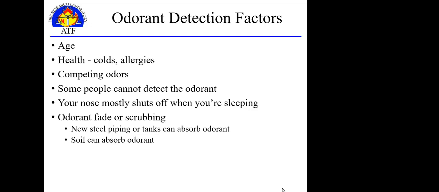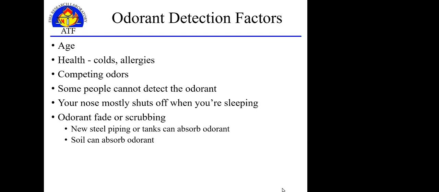Some people just naturally can't smell that particular odorant. There's research that shows that when you're sleeping, your nose essentially shuts off. So if you have a leak that starts in the middle of the night, you might not notice it, and when you wake up in the morning, your nose has already adjusted to it. You don't pick it up unless you go outside, get some fresh air, and then come back in.